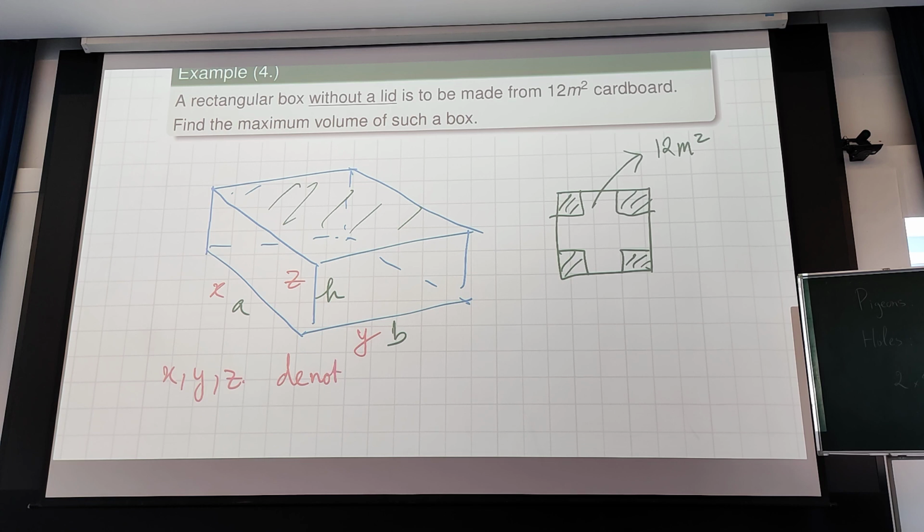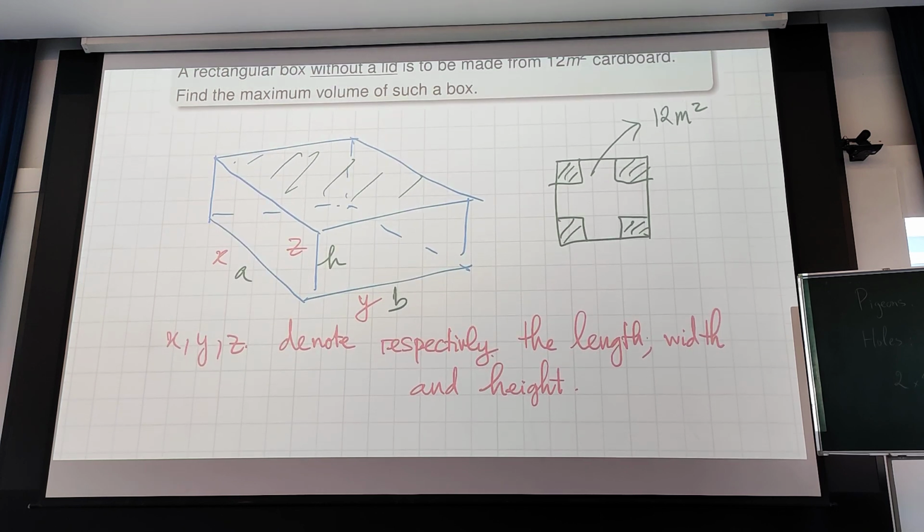So assume that x, y, z denote respectively the length, width, and the height of this rectangular box. You agree? So x and y and z should be positive.